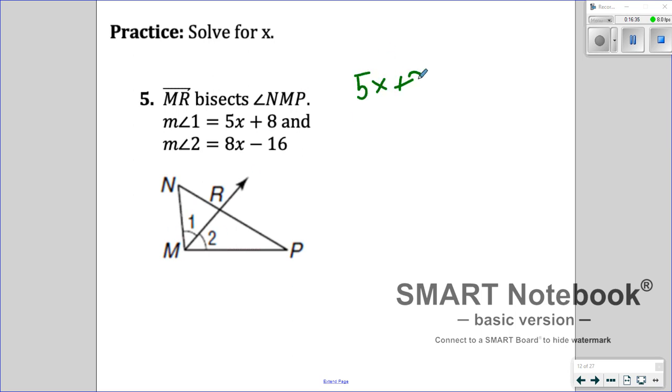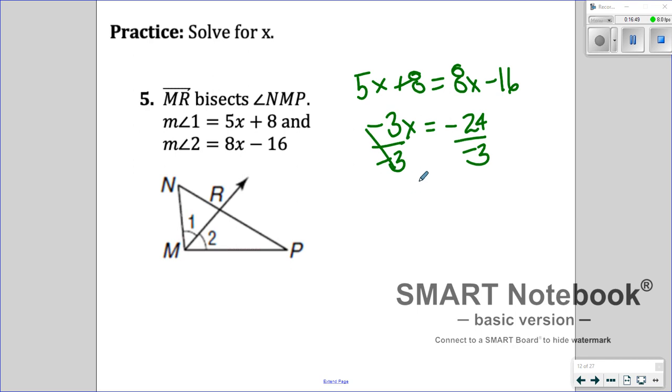So again, you set them equal to each other because angle bisectors create two congruent angles. So this would be -3x, and then this would be -24. You just do the work, and then you will get x as 8. Alright, that was it with that. Now let's move on to the next special segment.